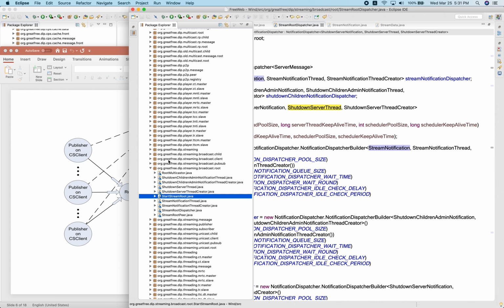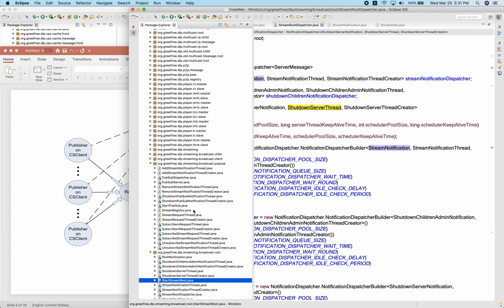So next, let us take a look at publisher. Okay, maybe you are interested in this code. Not publisher, pub sub server. That stands for publish subscribe server. Okay, so now this one.